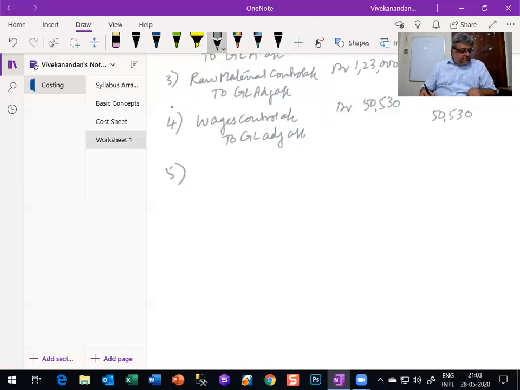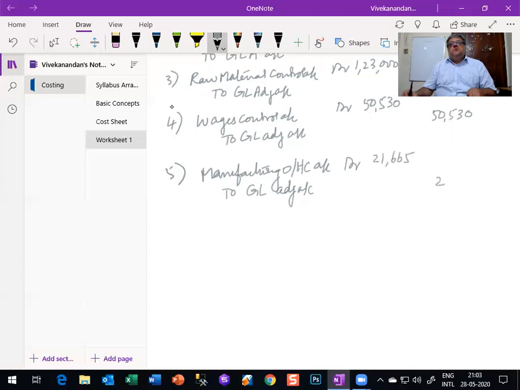So assume that it is for production purposes, which means it will be manufacturing overhead control account debit to general ledger adjustment account. How much? 21,665.